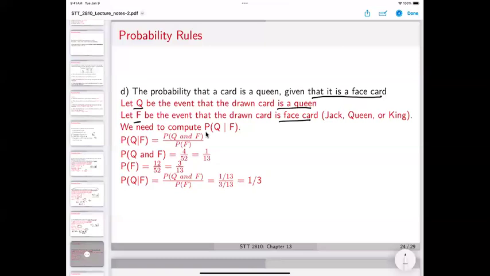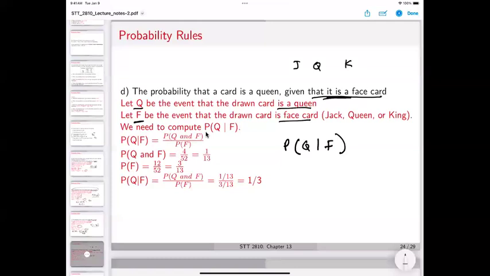A face card is either a jack, a queen, or a king. Those are the face cards. Good. And so the probability that a card drawn is a queen, given that it is a face card, I used F to become my face card. That is what I define here. And so this gives you this.